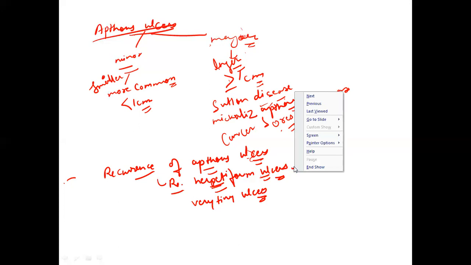Then come to Crohn's disease. So what is Crohn's disease?